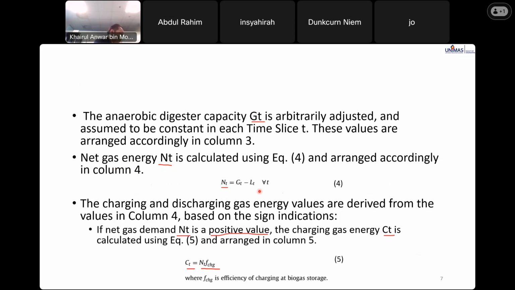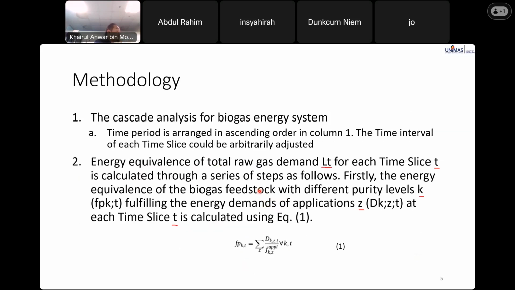Meaning before we can construct the initial iteration of the gas cascade, the data need to be prepared or determined.